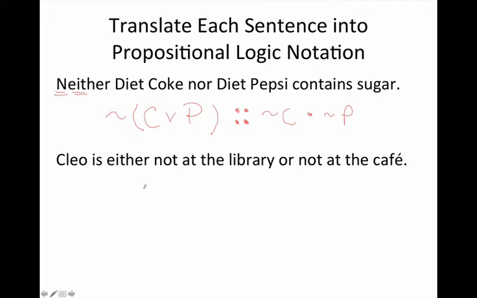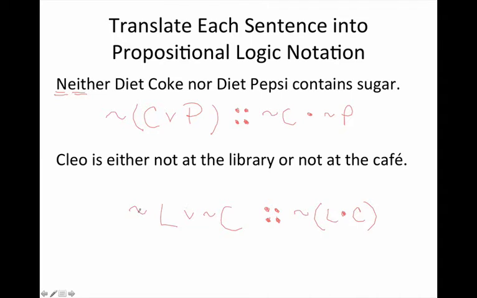Then we have Cleo is either not at the library or not at the cafe. So we have Cleo at the library, Cleo at the cafe. Cleo is either not at the library or not at the cafe. This expression is logically equivalent to not both. She's either not here or not there.